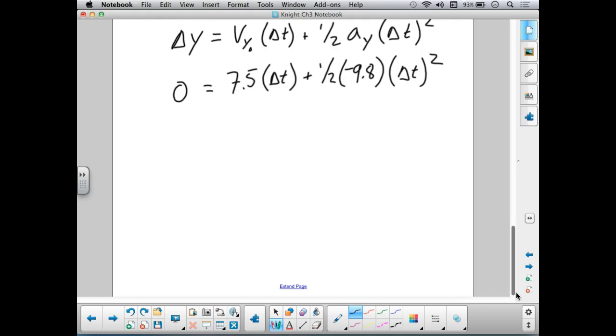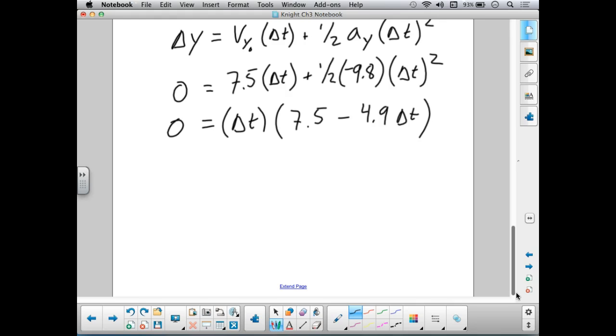So here's one term, delta t. And then that delta t gets distributed among 7.5 minus 4.9 delta t. So now I have two terms.